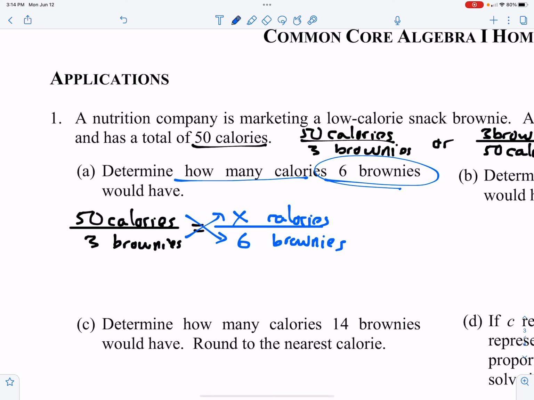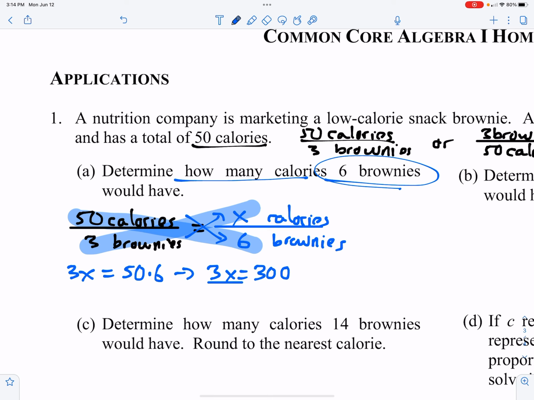We would first cross multiply. 3 times X equals 50 times 6, and 3 times X would equal 300. Divide both sides by 3, and you can see X would equal 100 calories.